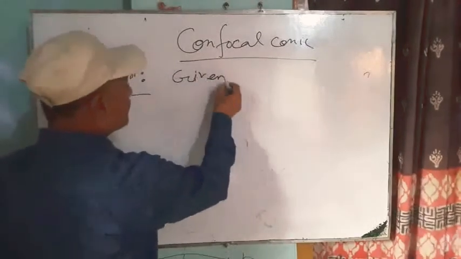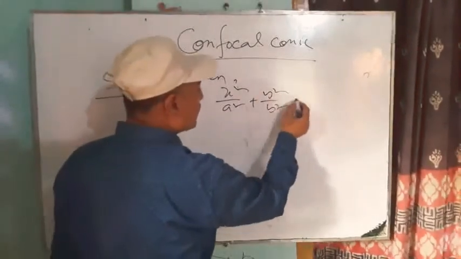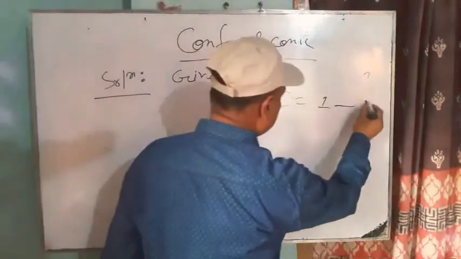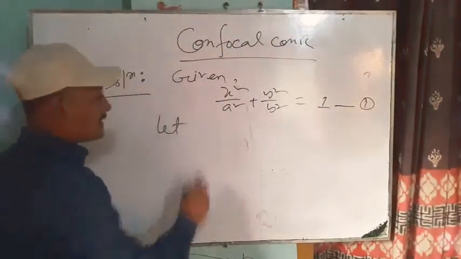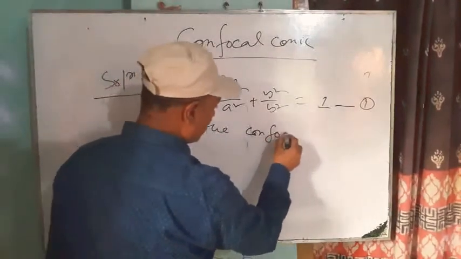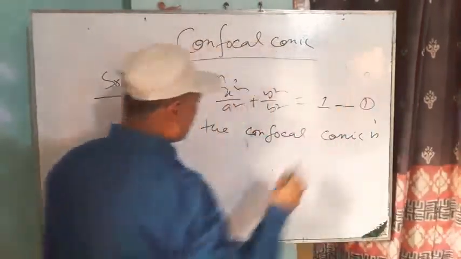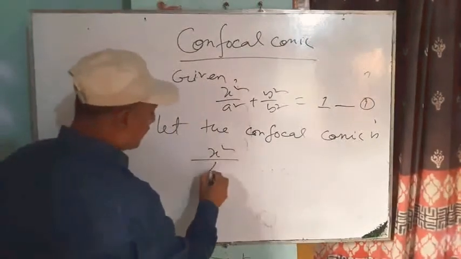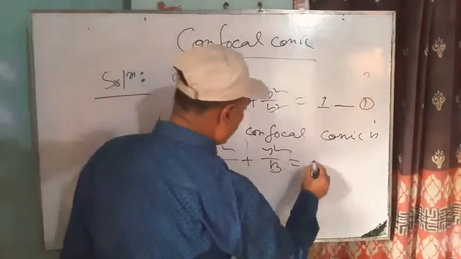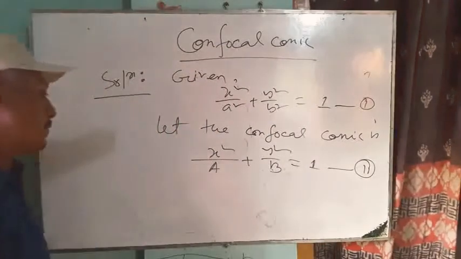Given x square by a square plus y square by b square equal to 1. Number 1. Let the confocal conic be x square by A plus y square by B equal to 1. Number 2.